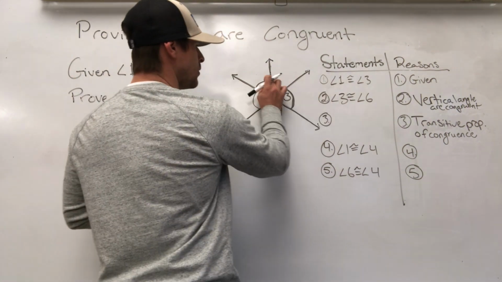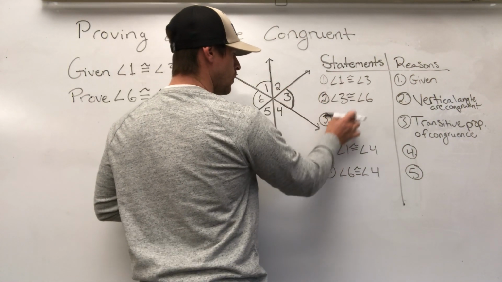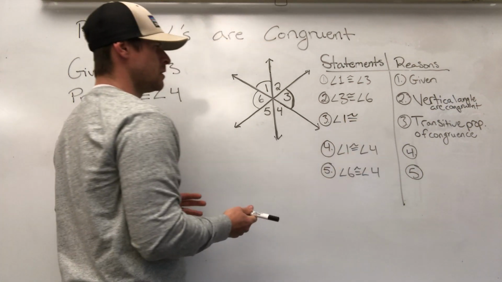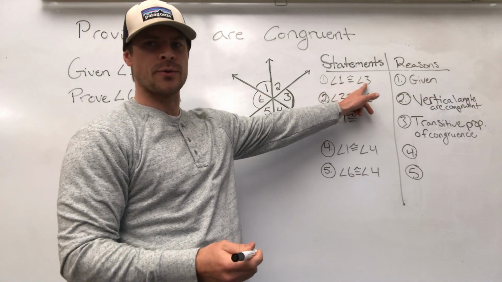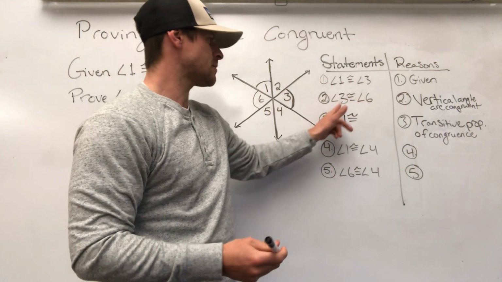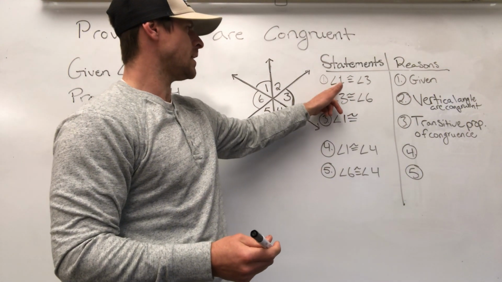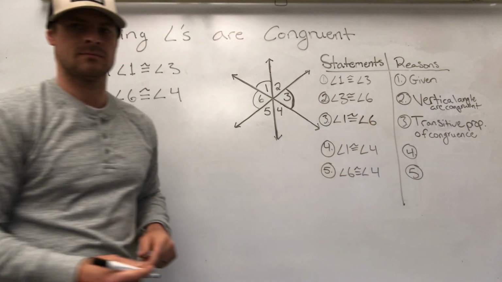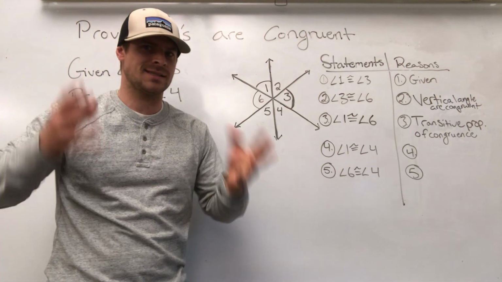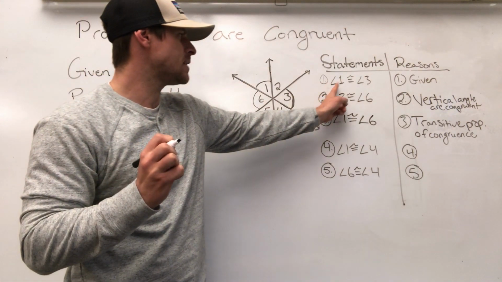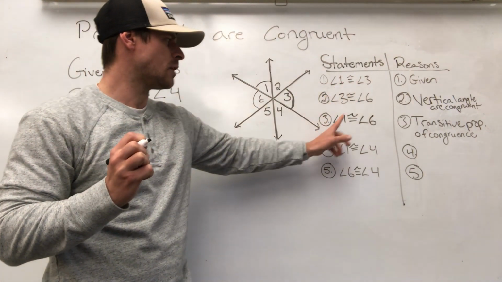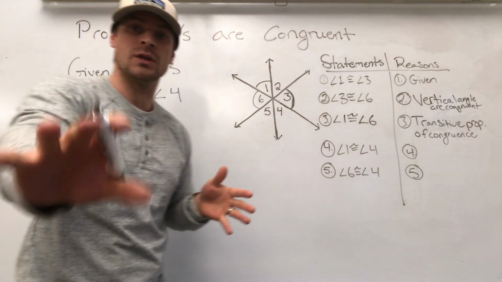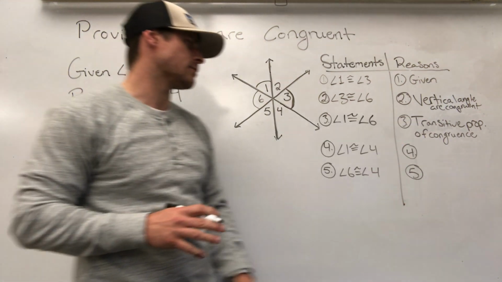I can now say that angle 1 is congruent to, well, if angle 1 is congruent to angle 3, and 3 and 6 are the same, wouldn't angle 1 also be congruent to angle 6? Yeah, think of 3 and 6 as exactly the same angles. If 1 is the same as 3, 1 will also be the same as 6 because 3 and 6 are no different than one another. Remember, we knew that because they are vertical angles.